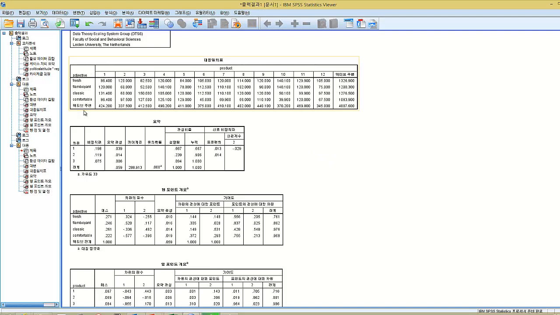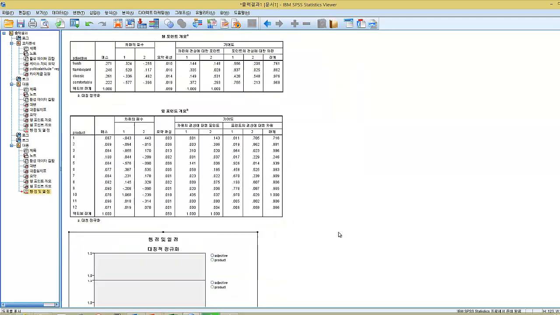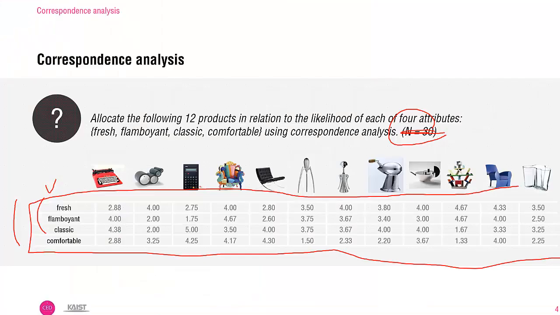These two variables have a statistical significance with dependency here, and then this chart shows you the internal relationship between the 4 levels of adjective and 12 different products. So product number 5 is the closest one to comfortable. Let's see what product 5 is. Product number 5 is this.